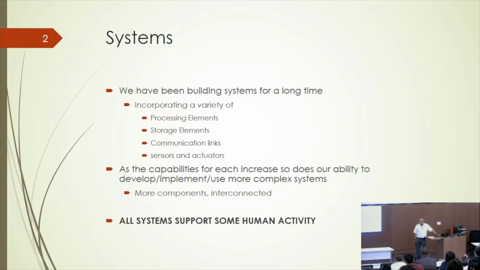Processing elements, storage elements, communication links, and lately a lot more sensors and actuators. And as the sizes and the power requirements go down, the sizes keep going down, powers keep going up, we build more and more and more complex systems.